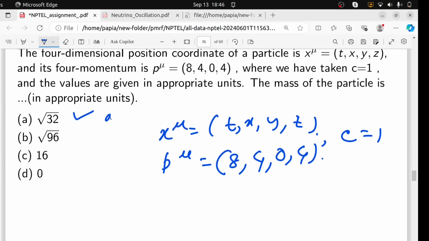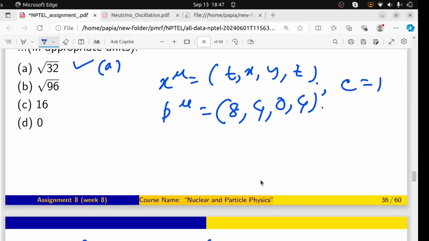So this option is the correct one. Okay, so I think it's fine.